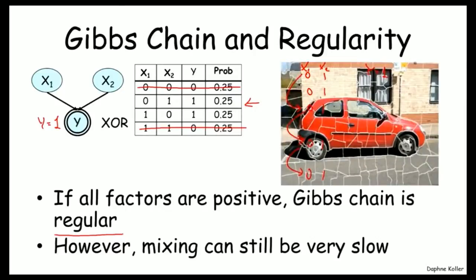And one such example of a very slow to mix chain actually occurs in practical applications. Here's an example in our image segmentation domain.